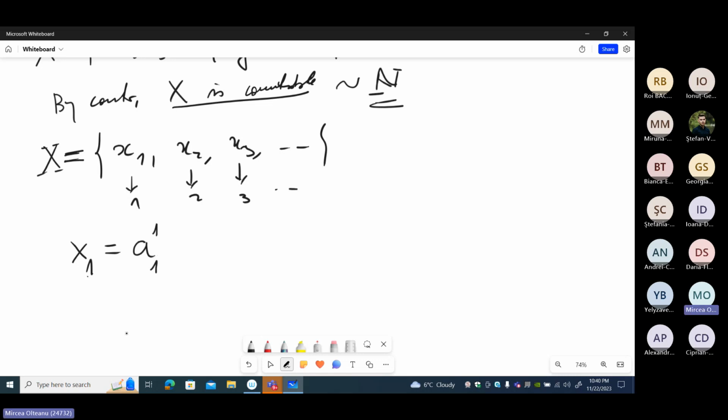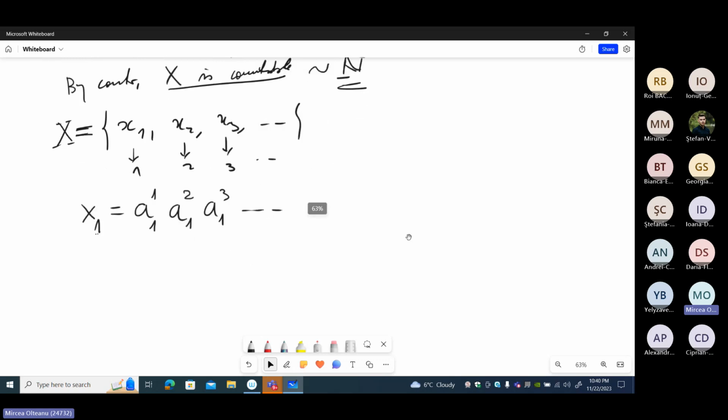The first symbol in x1 is a with index 1 and position 1, the second is a with index 1 and position 2, then a 1,3, and so on. Attention, each of these elements a 1,1, a 1,2, a 1,3 is 0 or 1. So it's something very simple.